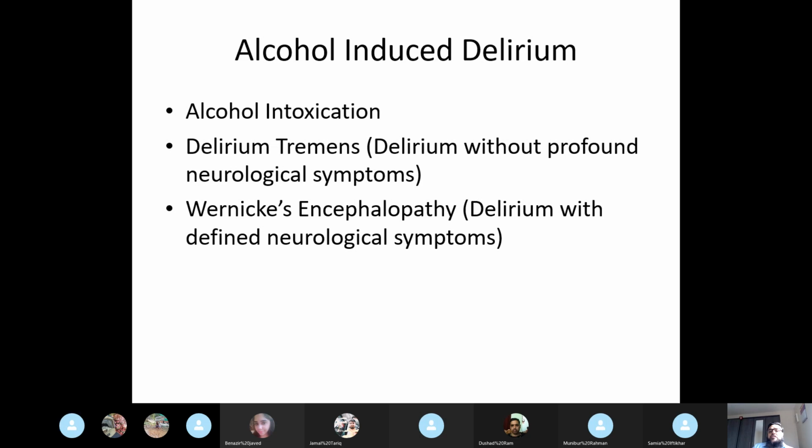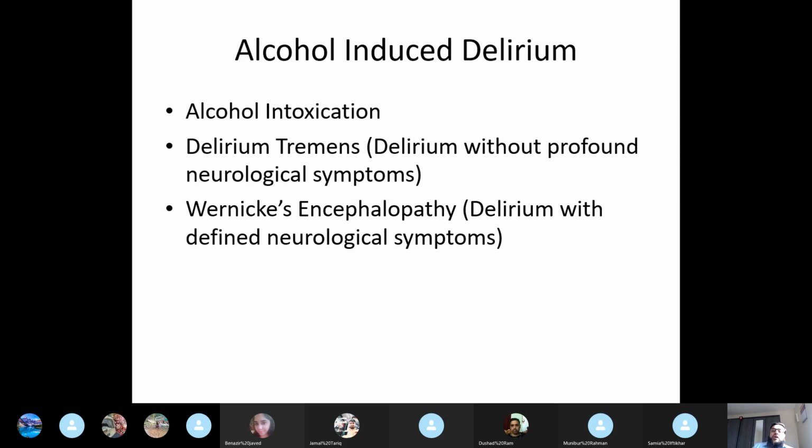Intoxicated, drunk people, in our day-to-day life, sometimes one-to-one, sometimes on media, some person appears as drunk and they are a bit excited, and it is possible that they are delirious. So intoxication in itself can cause delirium.